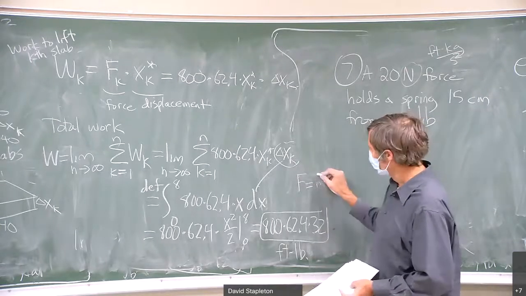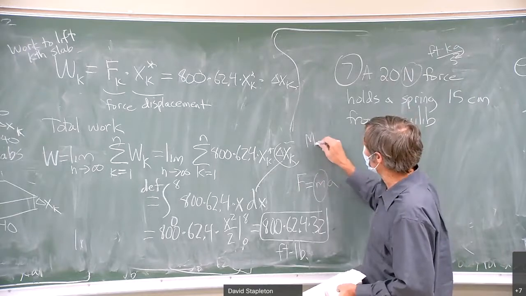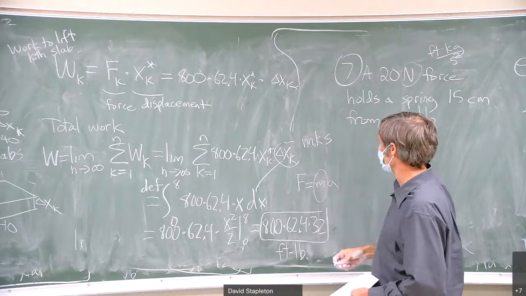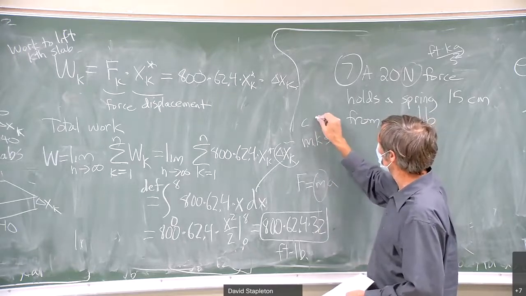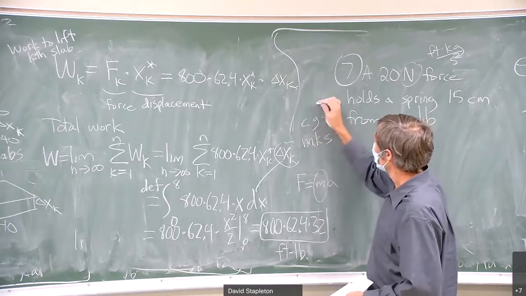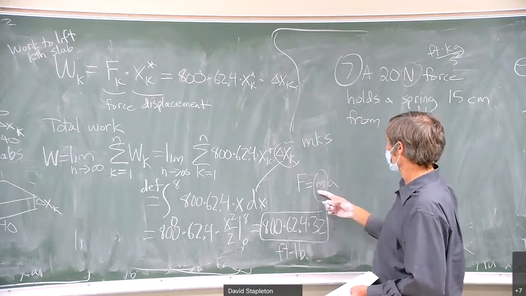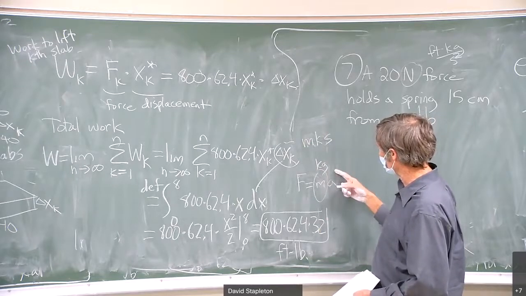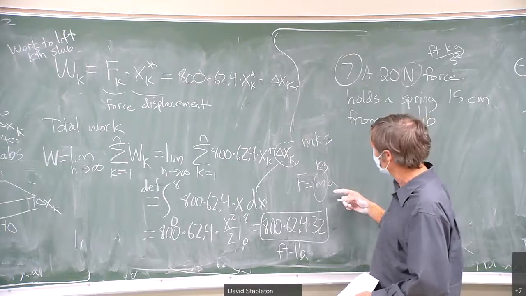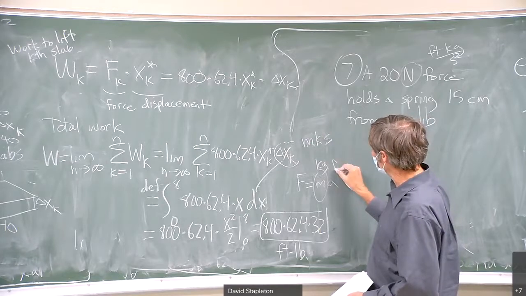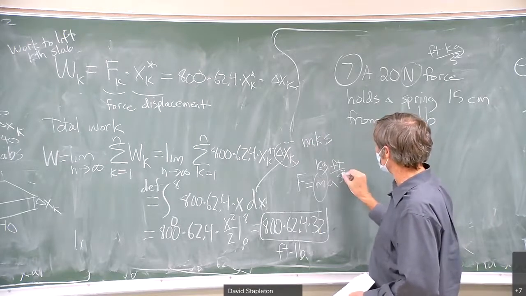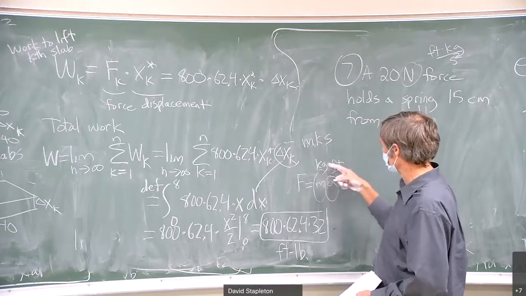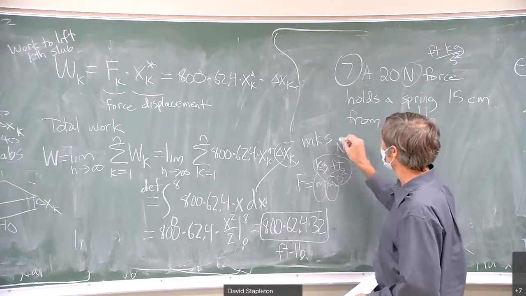In the MKS system, meters, kilograms, seconds, there's also the CGS system, centimeters, grams, seconds. We'll usually do the MKS system. Mass is in kilograms. Acceleration is d squared x dt squared, the second derivative. So x is in meters, and d squared x dt squared makes it per second squared. So this is meters per second squared acceleration. Kilograms times meters per second squared, we call newtons.